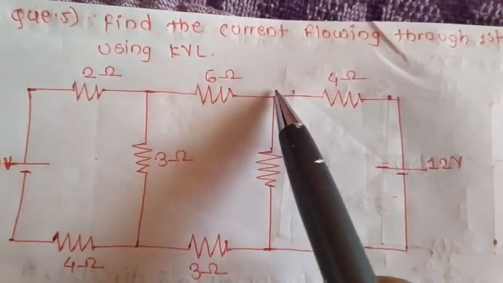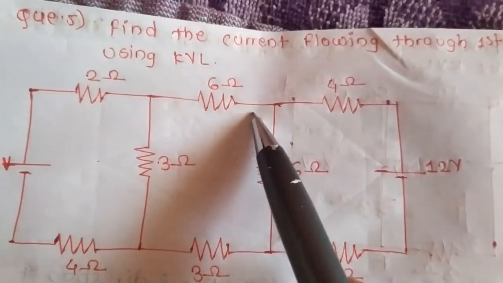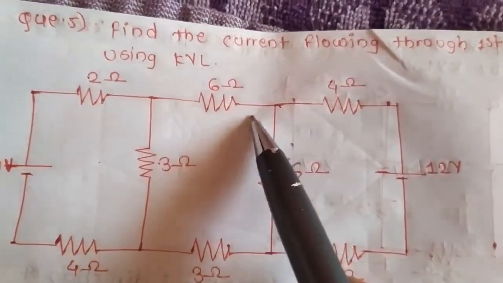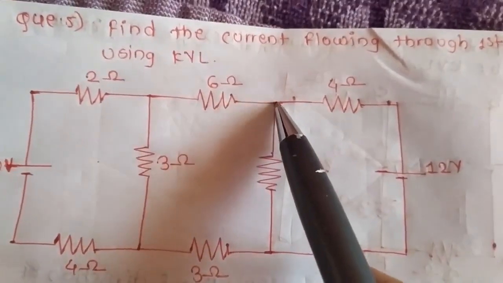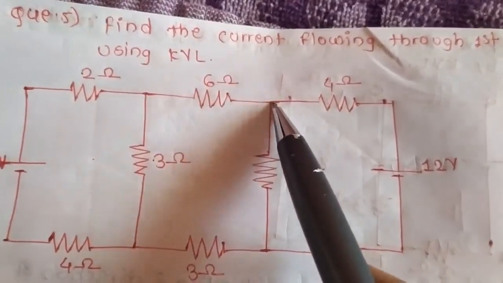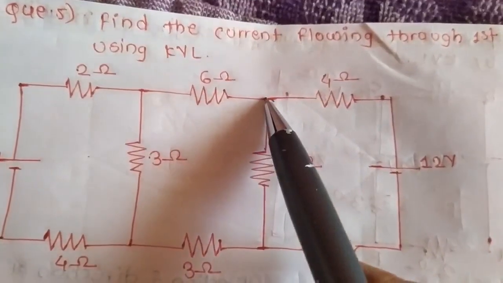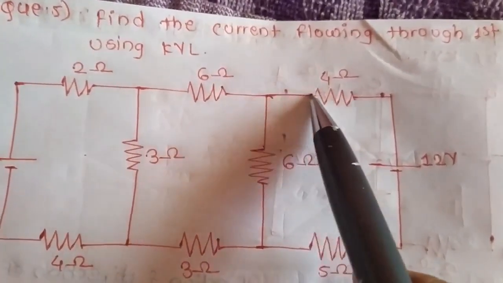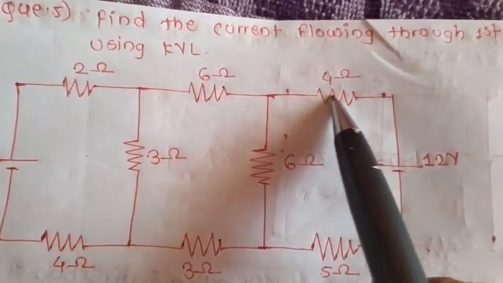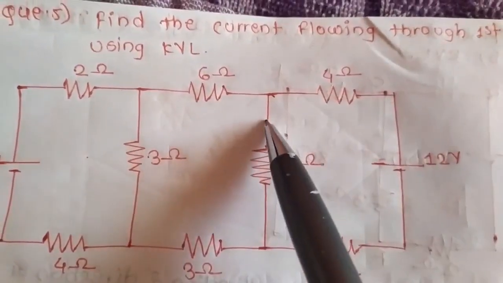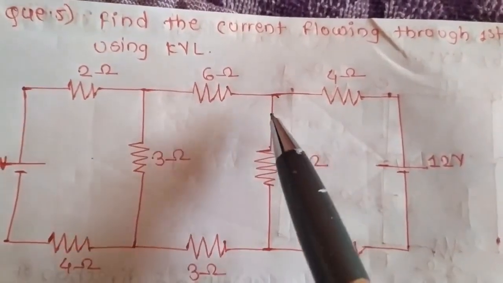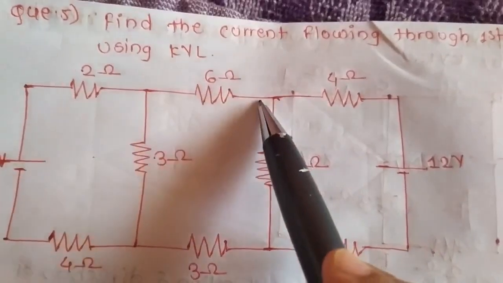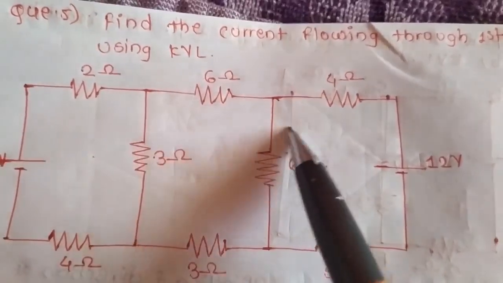Same, I2 is current flowing till here, but at this point current is divided again. So for this loop, if we take I3 current, then for this branch we get current I2 minus I3.